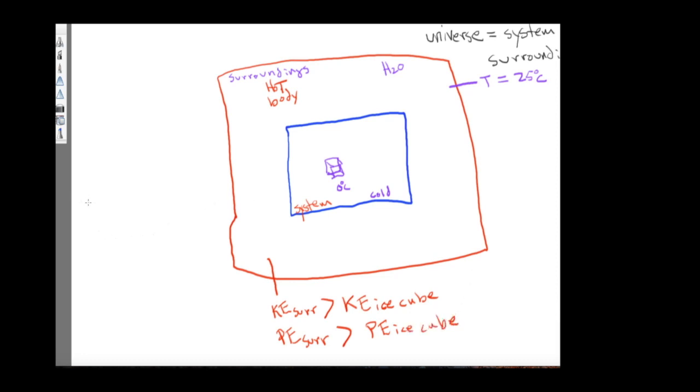Now, one way to think about energy is as if it's on a hillside. So if this is Mr. Potential Energy up here, energy always moves downhill. And what does that mean?